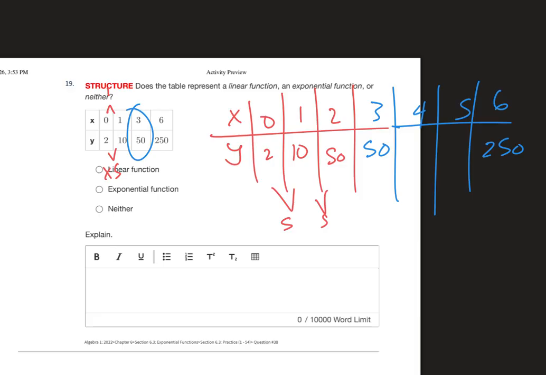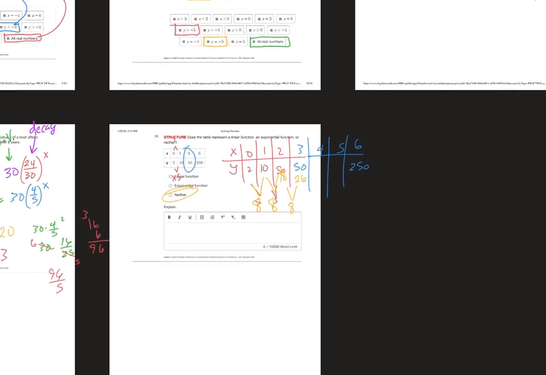So this is not exponential. And let's see, if it were going to be linear, well, that was plus 8. So this would be plus 8, which would be 18. And plus another 8 would be 26. So this is neither. It's neither. So there we go.